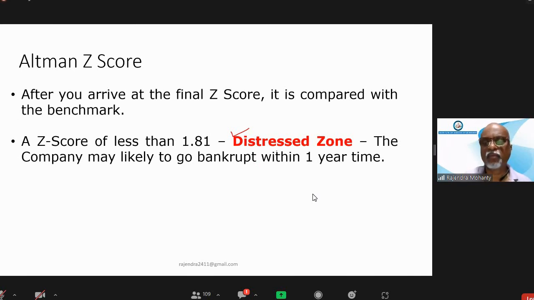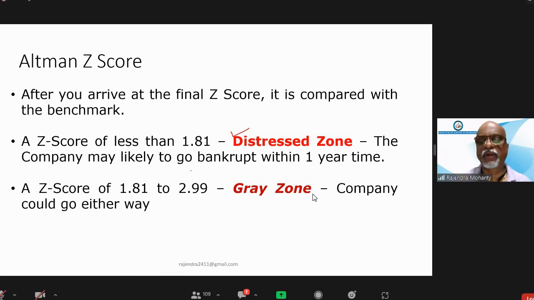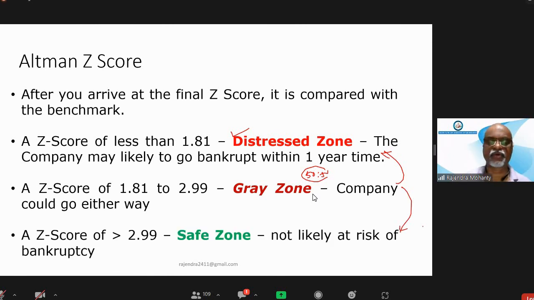The next zone is 1.81 to 2.99, the gray zone, a zone of 50-50. It can go into the distress zone or the safe zone. The third is the safe zone, when the score is more than 2.99. Safe zone means no problem at all, not likely towards the risk of bankruptcy. Clear?